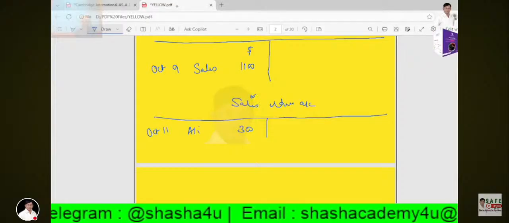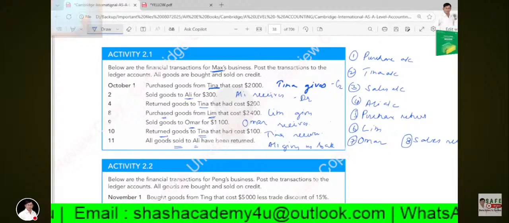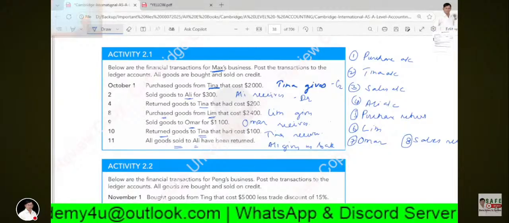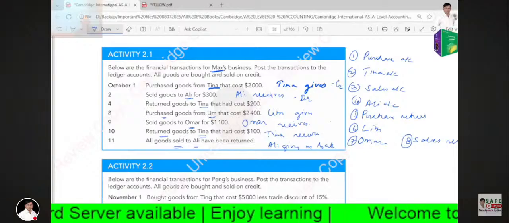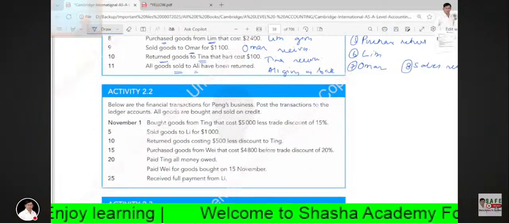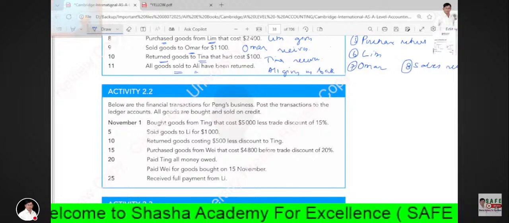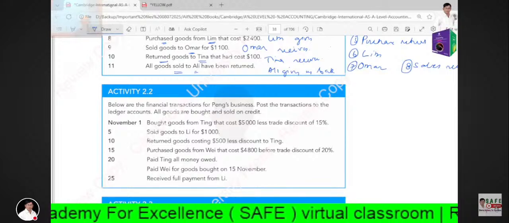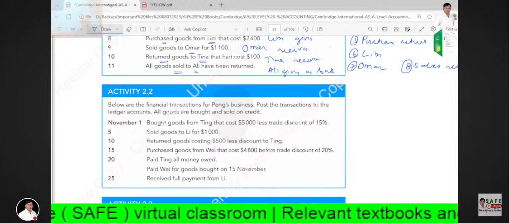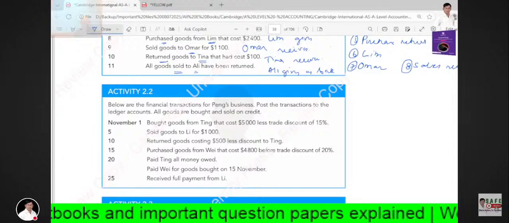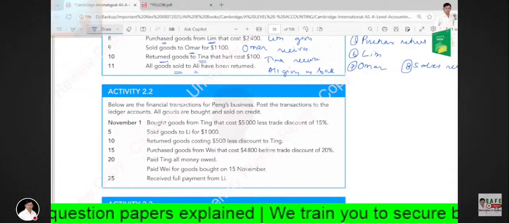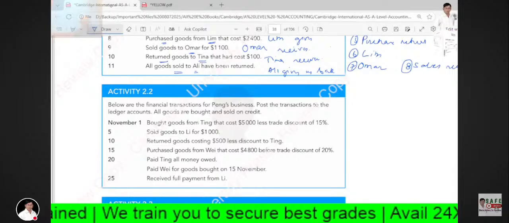Okay, so next, this is activity 2.2. Below are the financial transactions for Peng's business. Post the transactions to the ledger accounts. All goods are bought and sold on credit. Bought goods from Ting that cost 5,000 less trade discount of 15%.